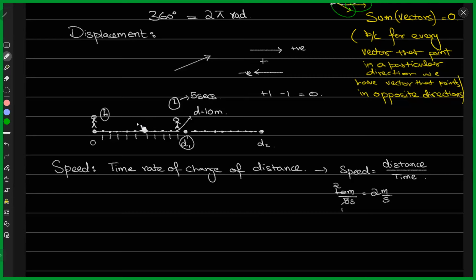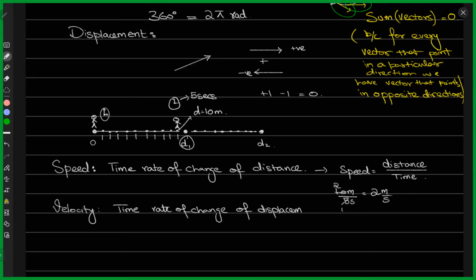Okay. Now, suppose you care about whether you're moving to the left or to the right, or in general, you care about the direction of travel. In that case, you can talk in terms of displacement, and you can see how the displacement changes with time. So it's the same thing, the time rate of change of displacement this time.